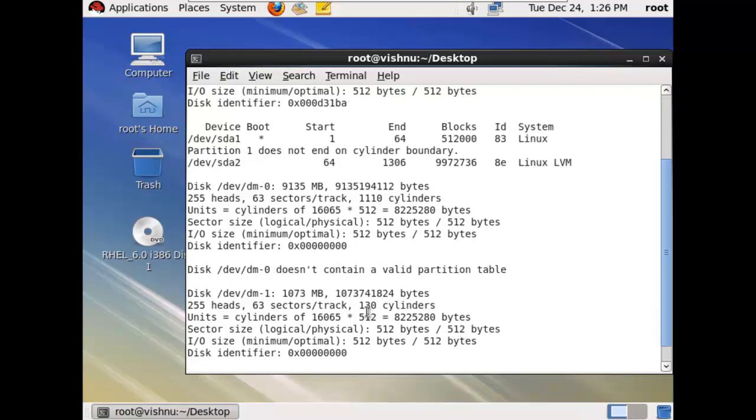Here /dev/dm-1 represents SDA1, or the boot volume, and /dev/dm-0 represents the PV, the physical volume, with a size of 9 GB. So for boot we have 1073 MB, or about 1 GB, and for PV we have 9 GB. And on this PV, we will create two different partitions, root and swap.